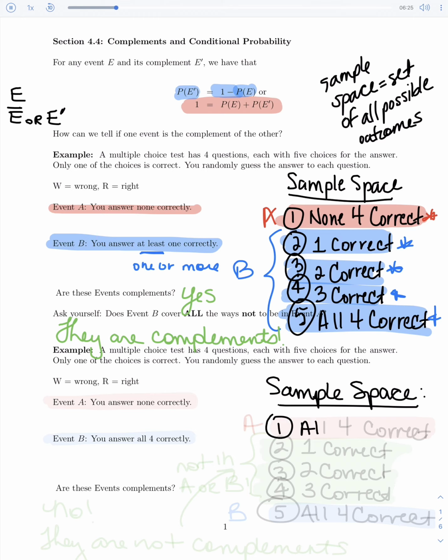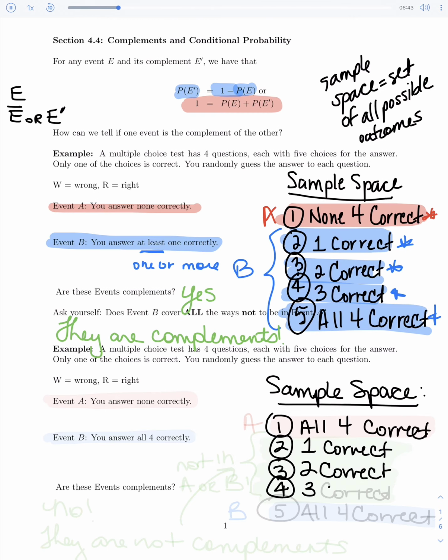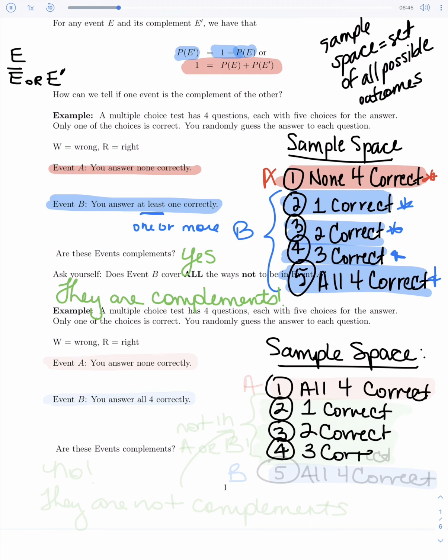You could have gotten none correct, only 1 correct, 2 correct, 3 out of 4 correct, or you could get all 4 of them correct.